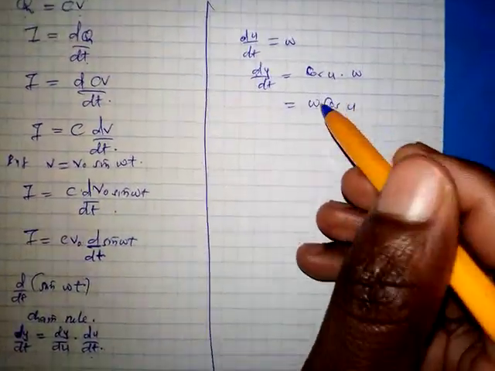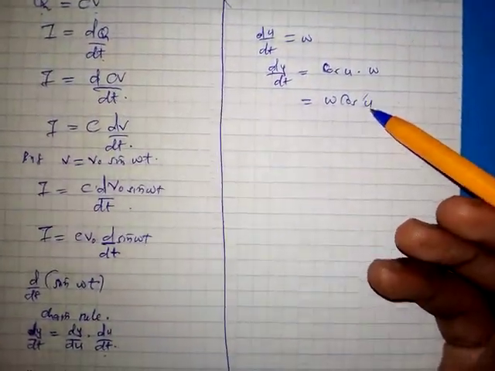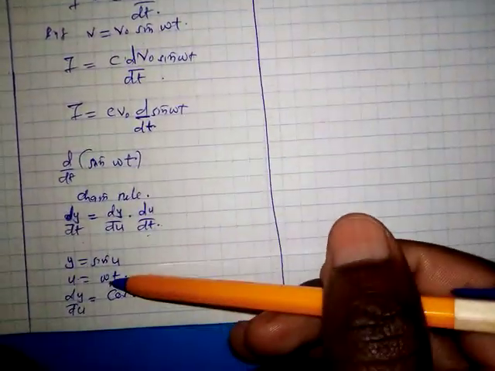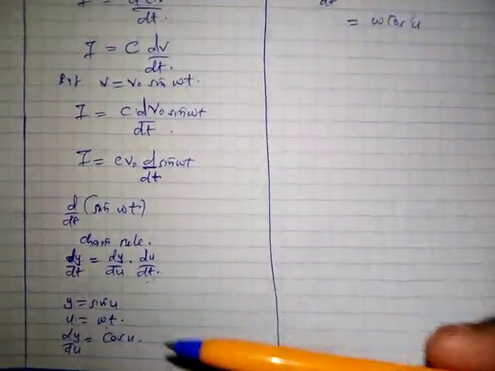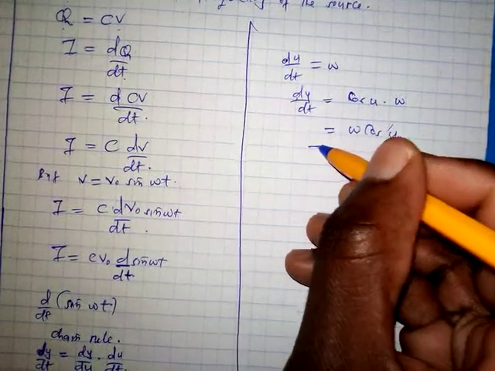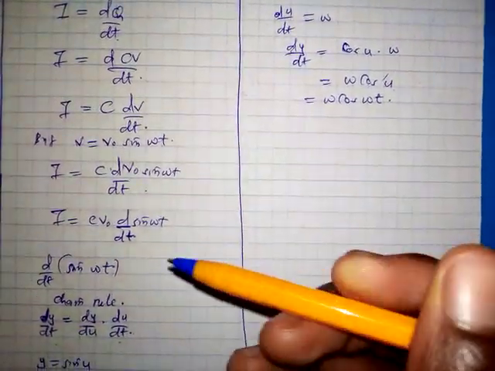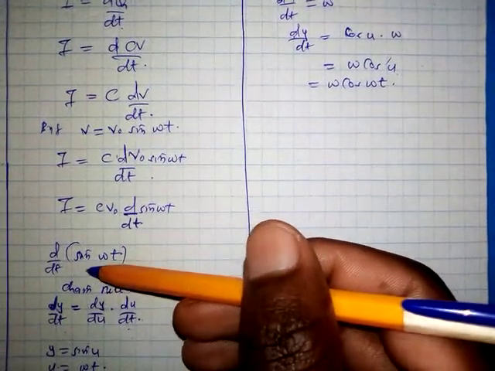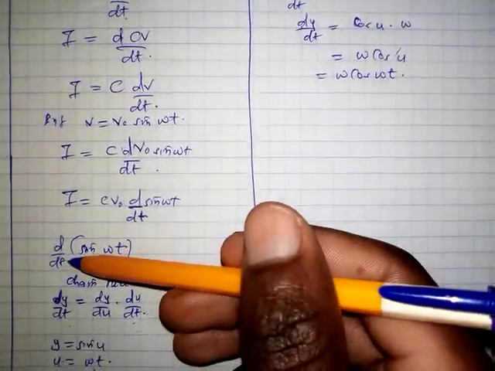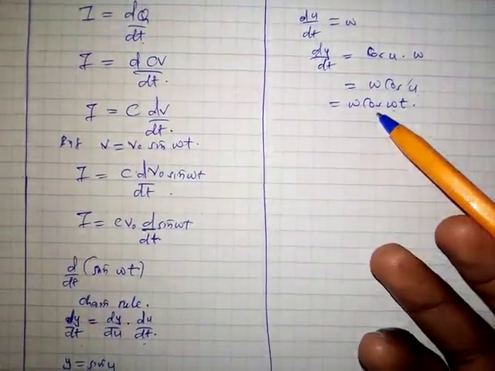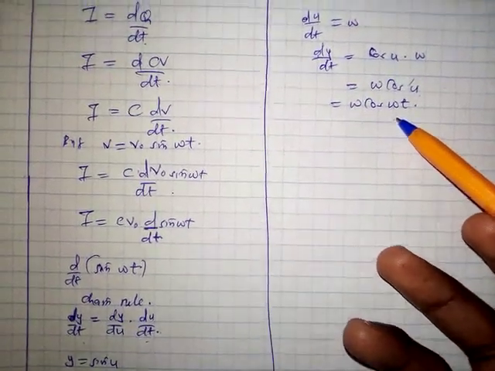But remember our u is omega t, so that we have omega cos omega t. So the derivative of sine omega t with respect to t is omega cos omega t.